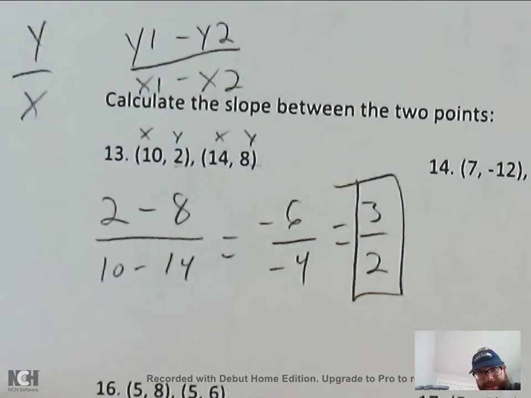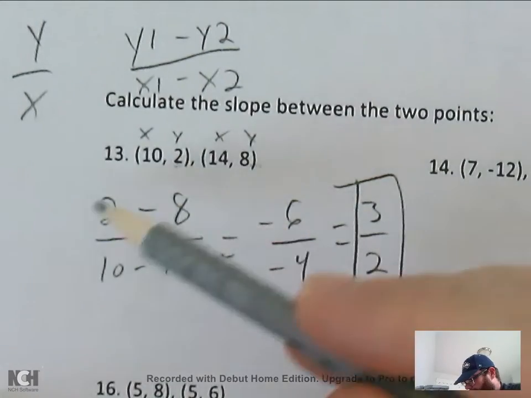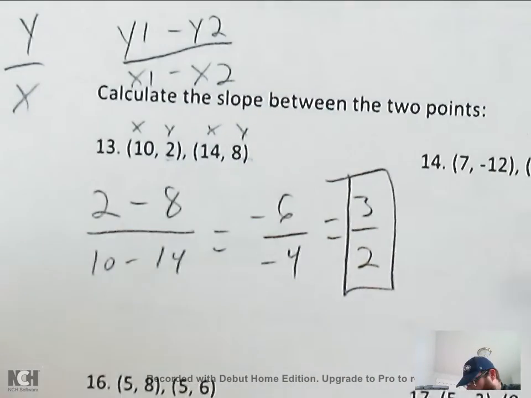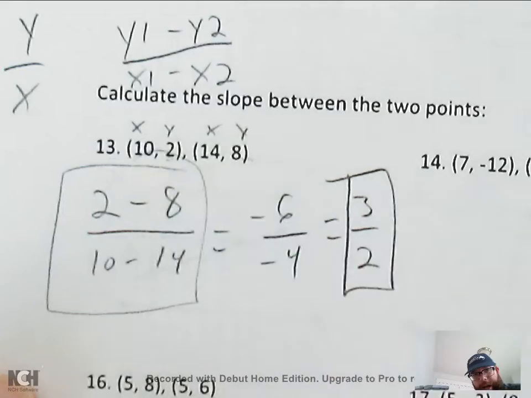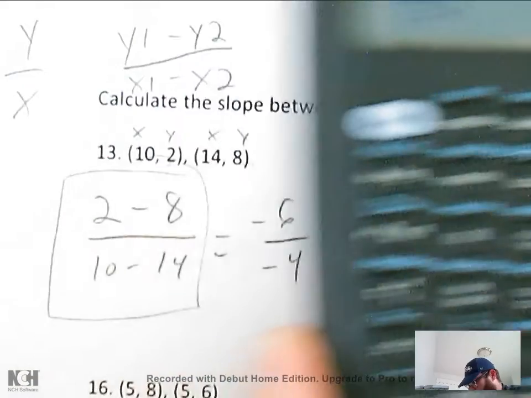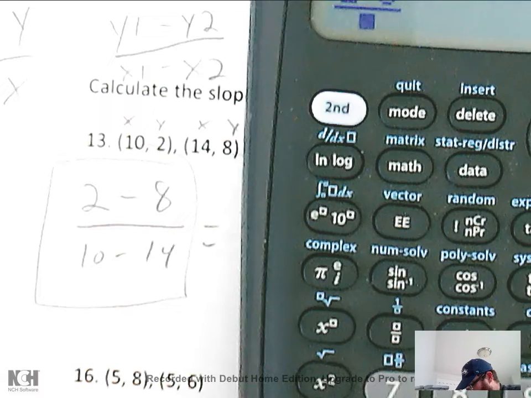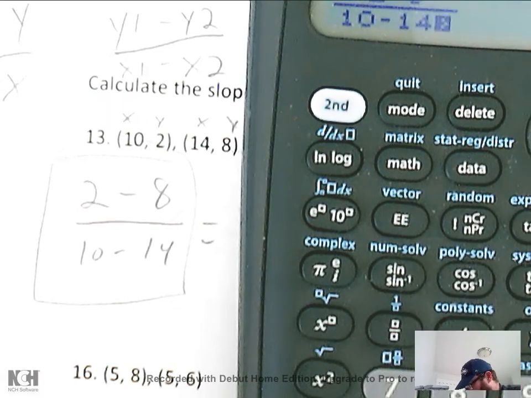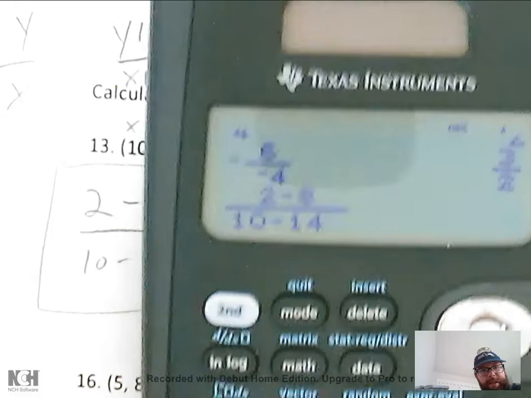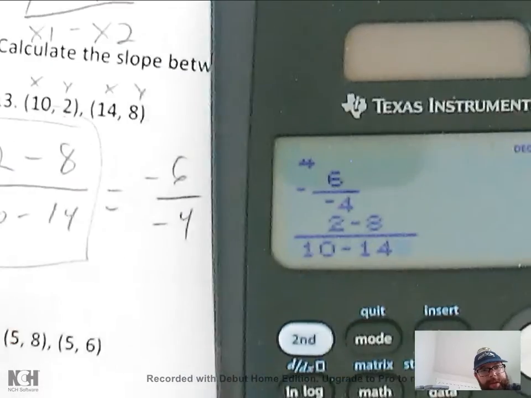Biggest mistake that happens here is just not simplifying. So you could honestly put all of this in your calculator and it'll do it for you. Like if I do 2 fraction button and come back up here, do minus 8, and then on the bottom I do 10 minus 14. See, so just like how I have it written.